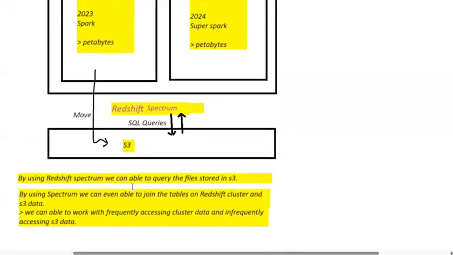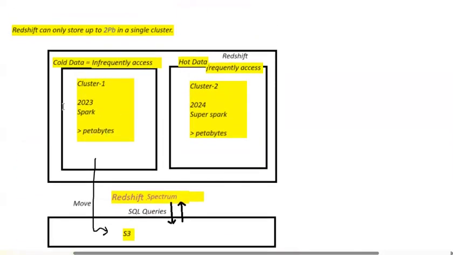So when do we move our data from Redshift cluster to S3? Whenever we are infrequently accessing our data, in order to reduce the cost, we'll move our storage from Redshift cluster to S3.